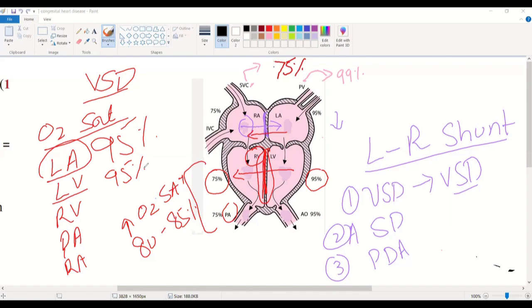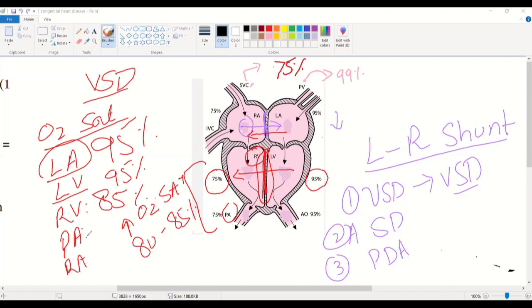Yes, because the left side has higher pressure, and blood moves from higher pressure to lower pressure, right? What happened in the right ventricle oxygen saturation? It's going to increase. Let's suppose it's 85%. Normally it is 75.